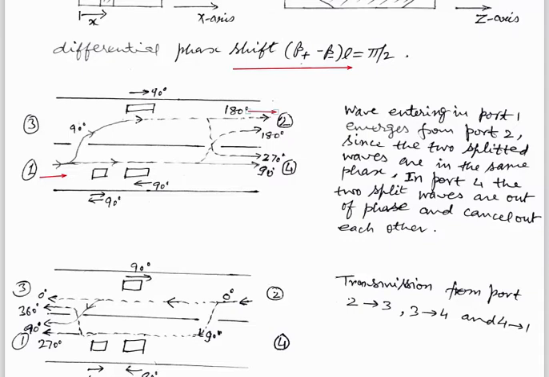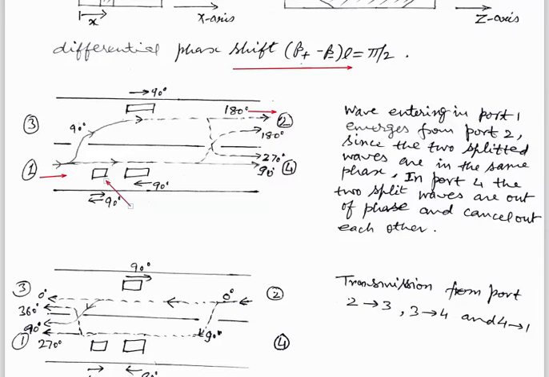Similarly, the other wave which passes in the lower waveguide will have a 90-degree phase shift produced due to this dielectric slab. So the total phase is 90 degrees. Similarly, the wave in the upper side of the rectangular waveguide, when it crosses the second aperture, is split again and will propagate with a 90-degree phase difference.